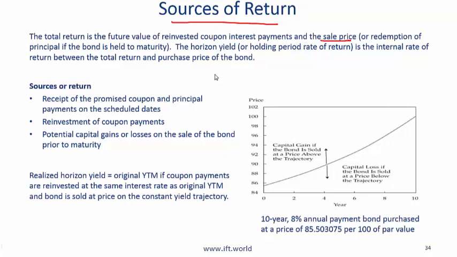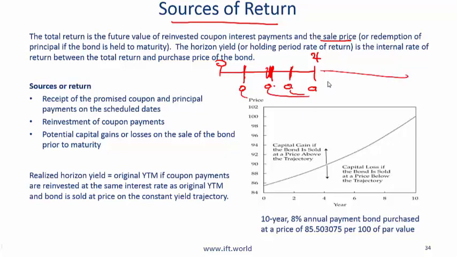So what this is saying is, let's say that you buy a bond at time 0, and let's say that this is a 2-year bond, which means that you get coupon payments every 6 months. So at the end of 2 years, or at the end of period 4, if you have reinvested all these coupon payments, at the end you will have the future value of these coupon payments and the money from selling the bond over here.